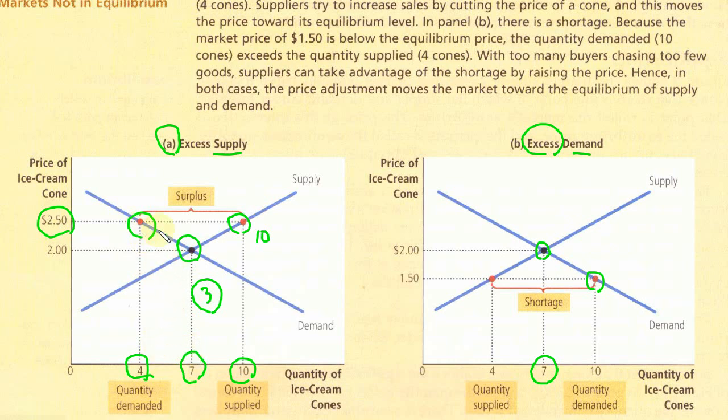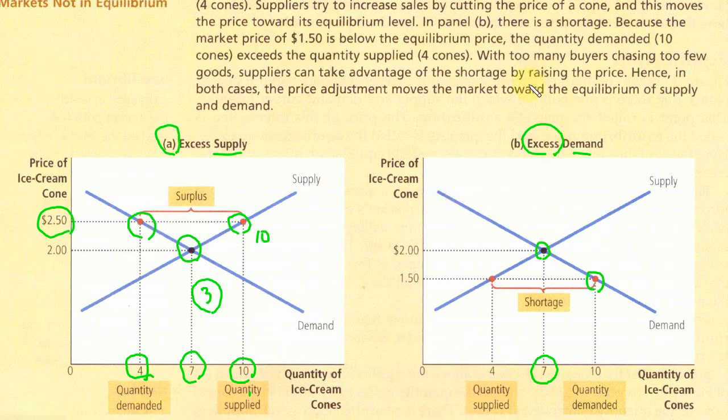Okay, then I told you their stock in the warehouse will automatically increase and their damage will increase. So they will decrease the price down to equilibrium. Okay, so naturally this one will be back to the equilibrium point.